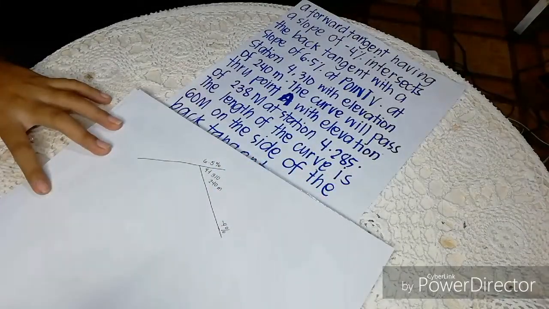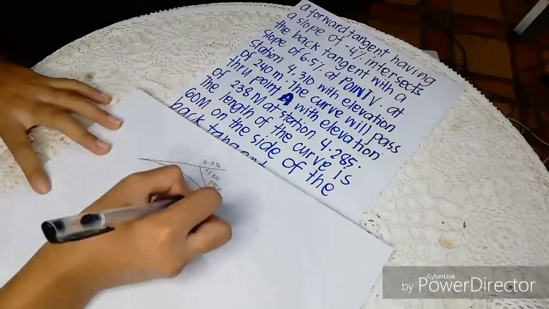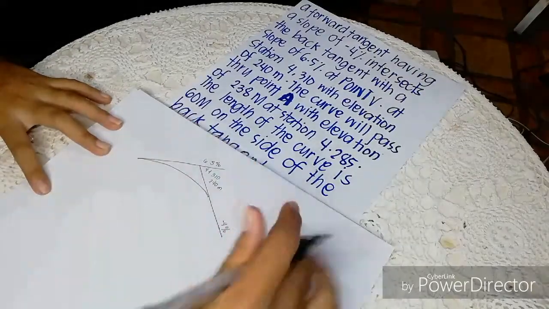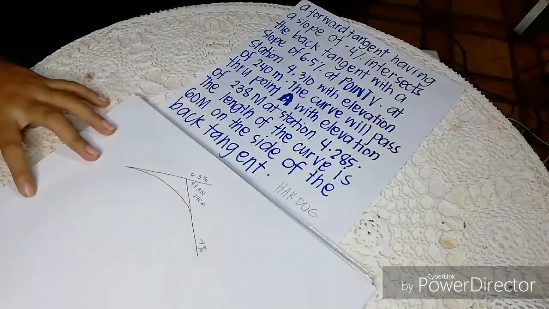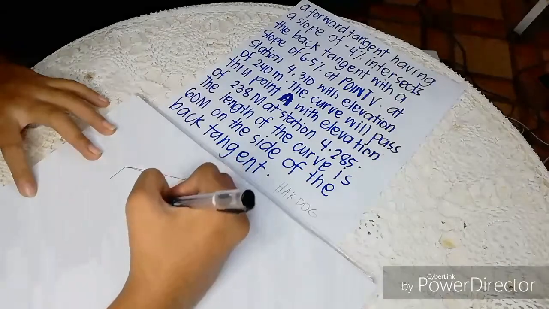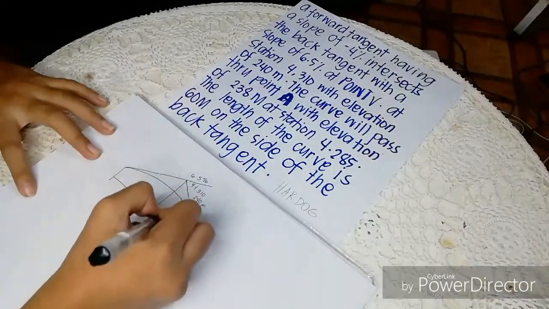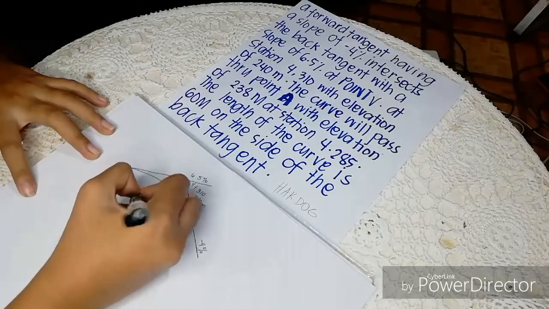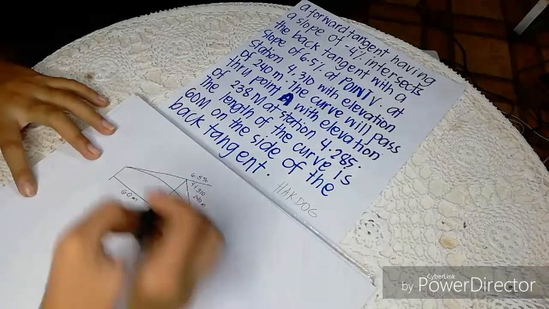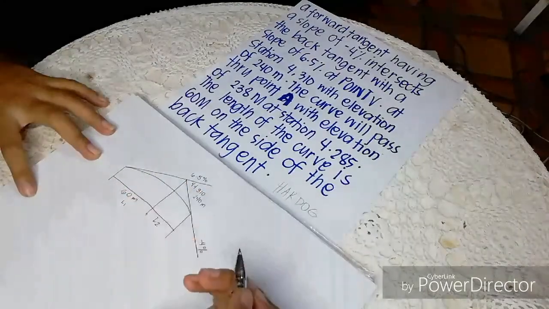So, the curve will pass through point A. And the back tangent has a side of 60 meters, which is yung L1, yung L2 is yung hinahanap.